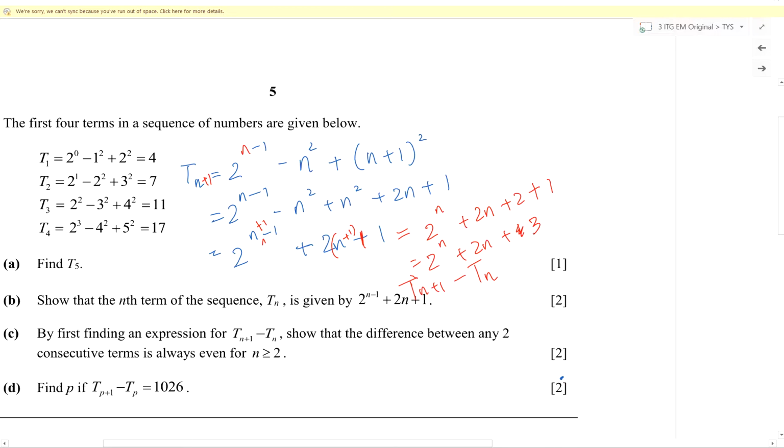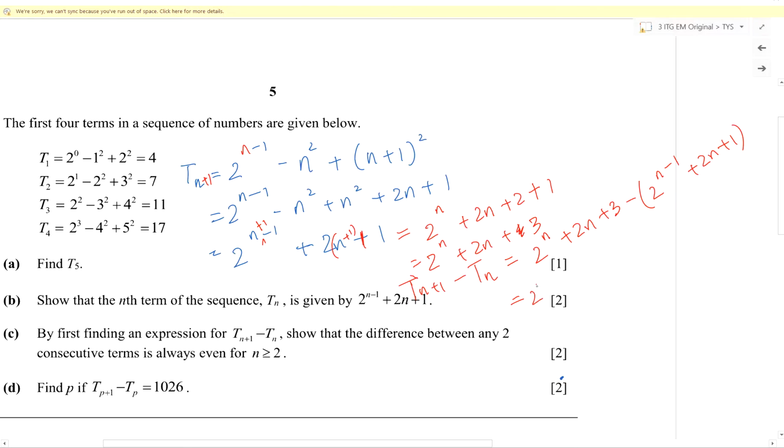So Tn plus 1 minus Tn gives me 2 power n plus 2n plus 3 minus away whatever we found in part B, minus away 2 power n minus 1 plus 2n plus 1. Okay, do it step by step.